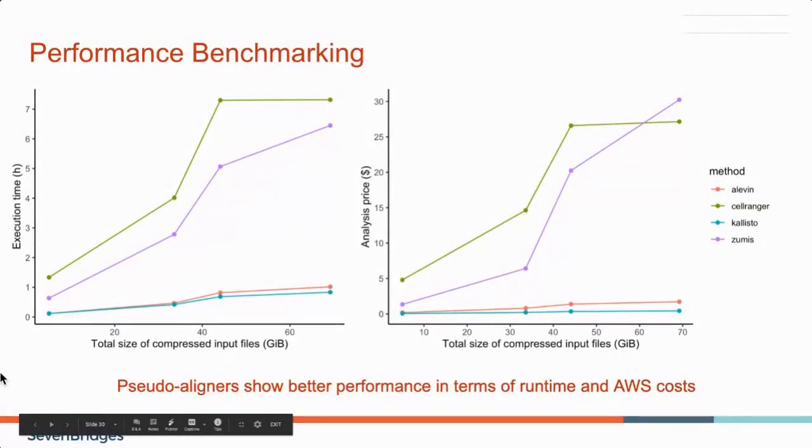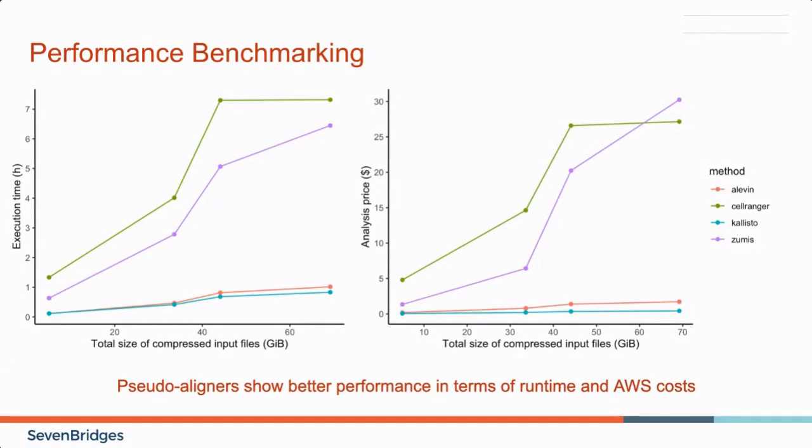We observed that pseudo-alignment based tools such as Salmon and Kallisto, which are the ones in the plot colored in blue and red, have significantly better performance in terms of execution time and AWS cost in comparison to alignment-based tools such as Cell Ranger and Zumis.